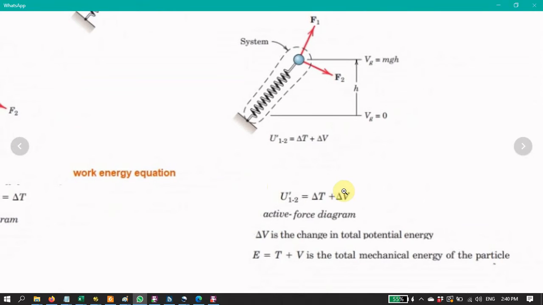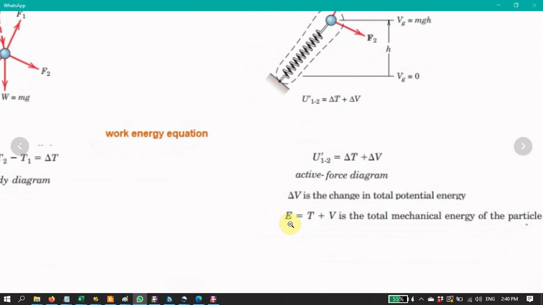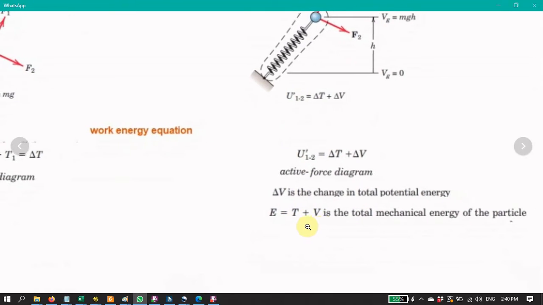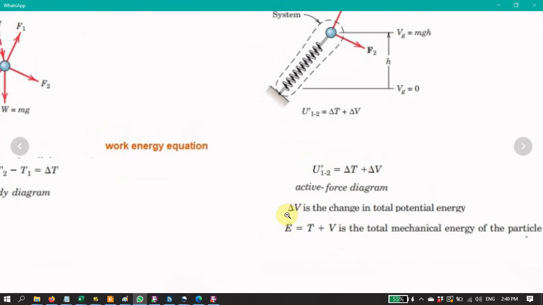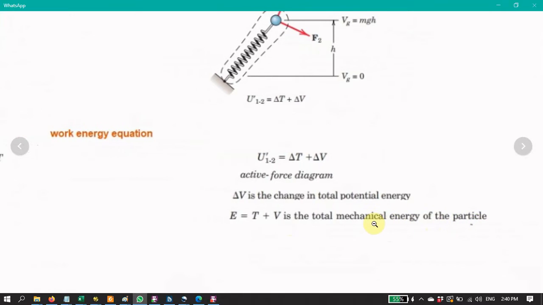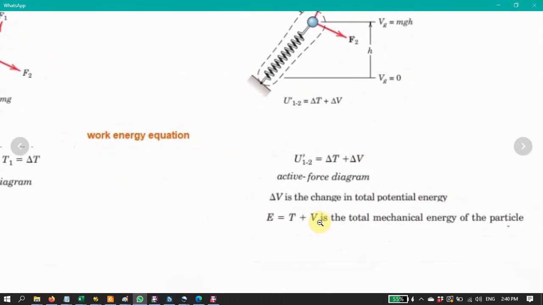Then you can look at the value of E there, which states that the total energy, in dynamics called the total mechanical energy of the particle, includes the kinetic energy and the potential energy. So actually this definition is consistent with thermofluid engineering.